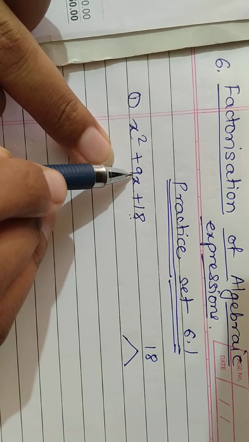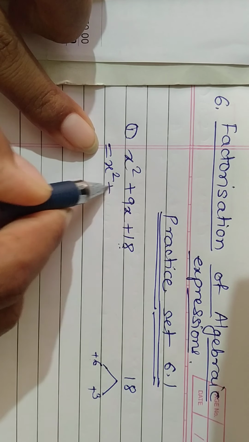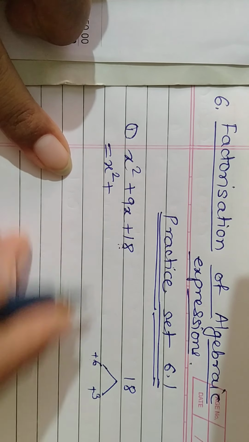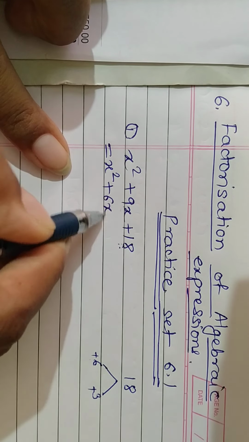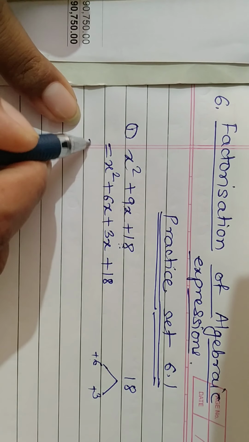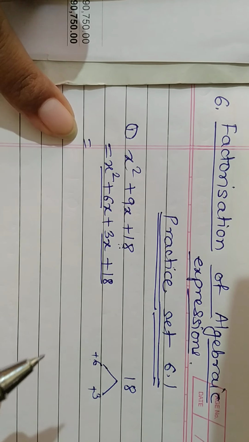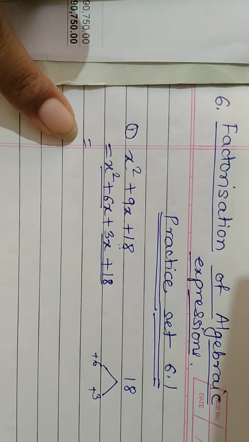Now we'll solve this. x square plus, 9x we have to write like this, 6x plus 3x plus 18. Next step, from these two terms we have to take common factor.